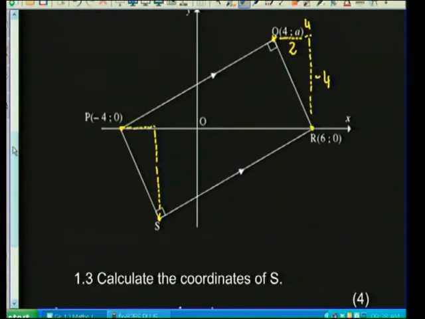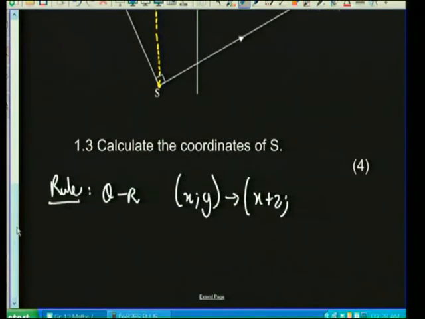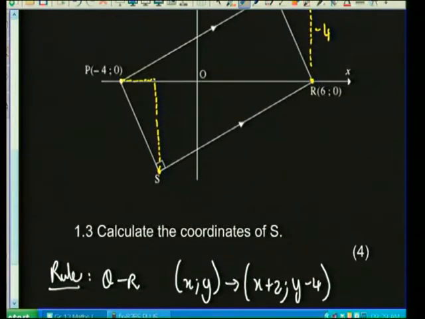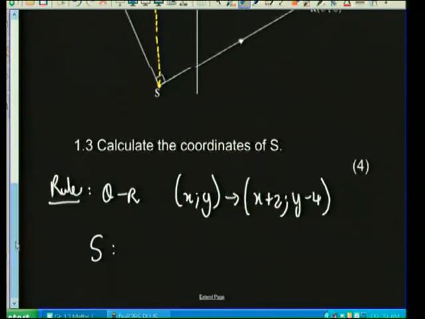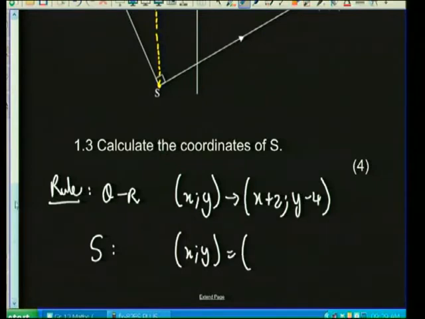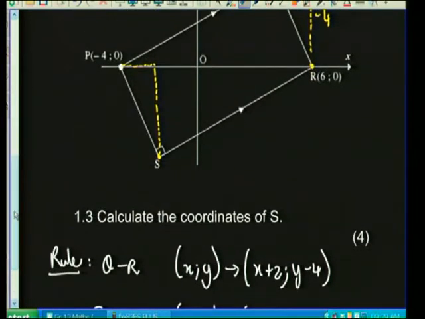And then the y's, well, I'm going from 4 to 0, and so each y is going down 4 units. And so all that I would do is I would apply this rule to now go and find S. So to go and find S, I know that I'm taking point P and I'm applying the rule. And so I know that my new coordinate for S is now going to be minus 4 plus 2.